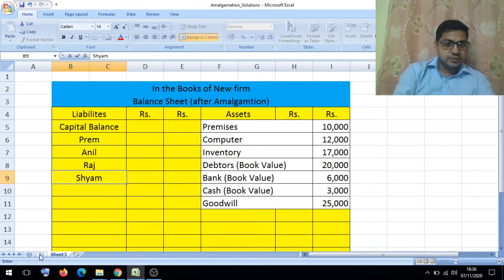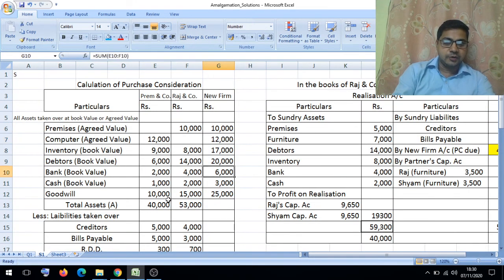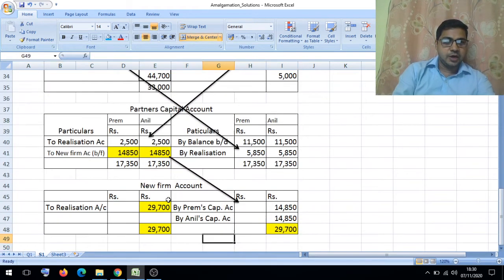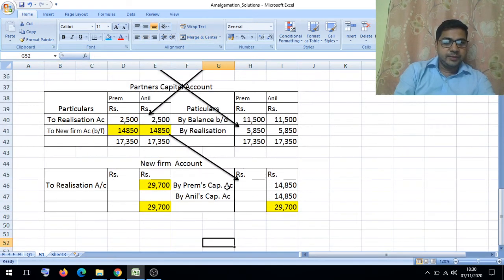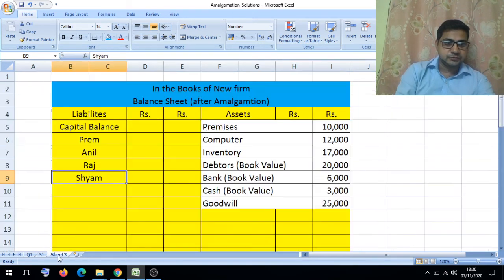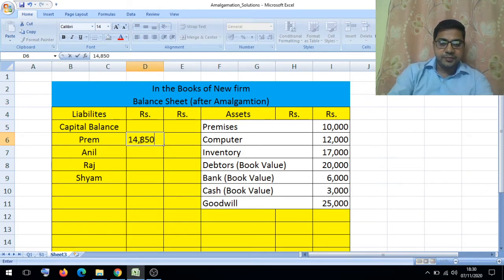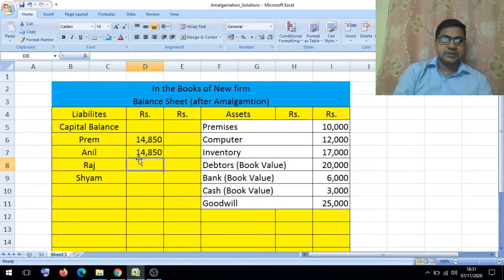Now if you see our new firm account, Prem's capital is 14,850, Anil's capital is 14,850. These particular amounts we have to mention on our liability side. These two values we acquired from the new firm account.